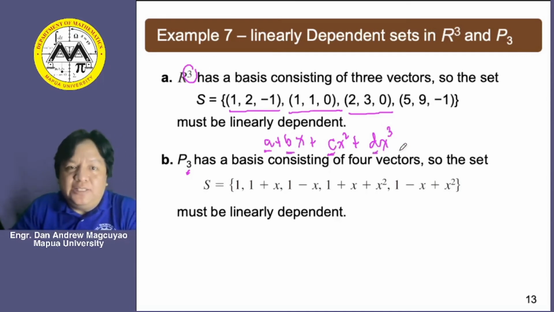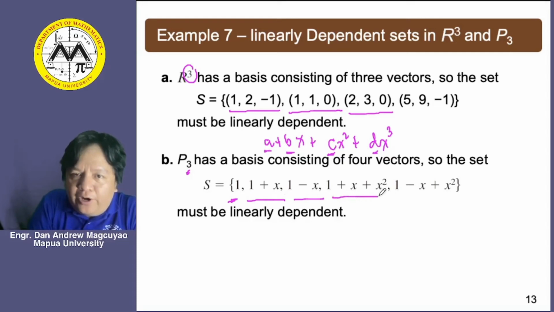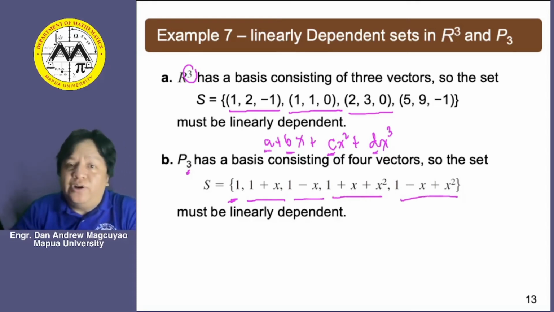A, B, C, and D. So that's 4 components, which means it needs at most 4 vectors. But for this example, we have 1, 2, 3, 4, 5. So there are 5 vectors. Automatically, this set of vectors is linearly dependent.